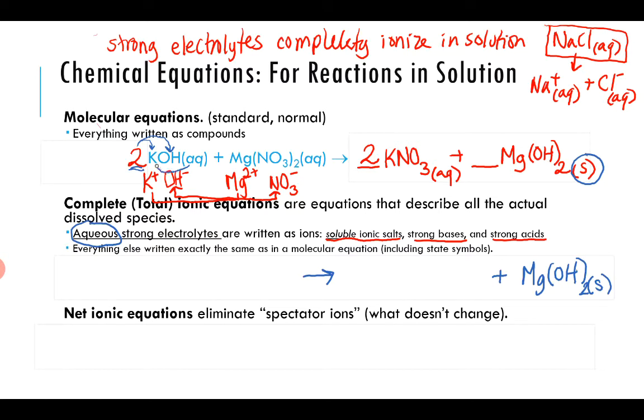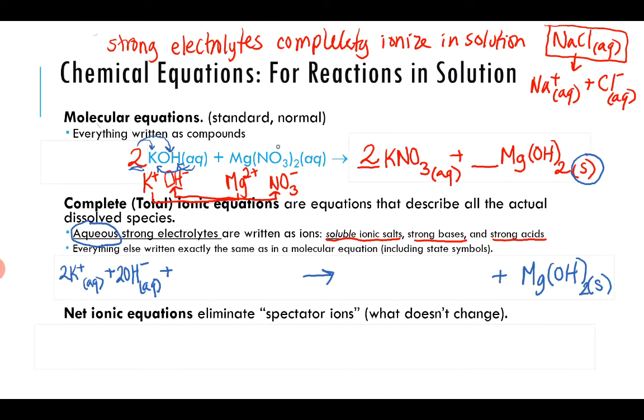The aqueous also belongs to both, so that distributes out. So we have 2 potassium plus ions that are aqueous, and 2 hydroxide ions that are aqueous.